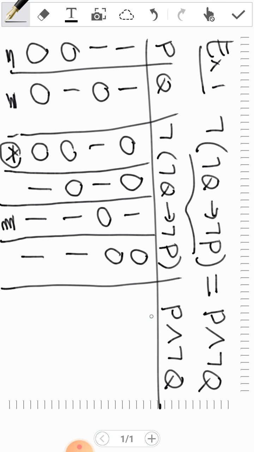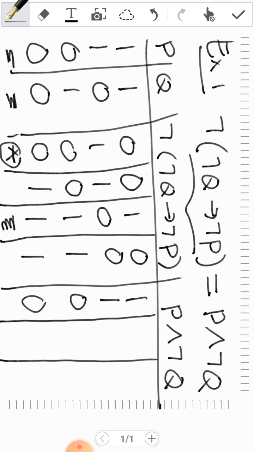And then for the right side, maybe we can imitate the same thing here. P, 1, 1, 0, 0. So this column now represents P. This column represents not Q. So that will be 0, 1, 0, 1.